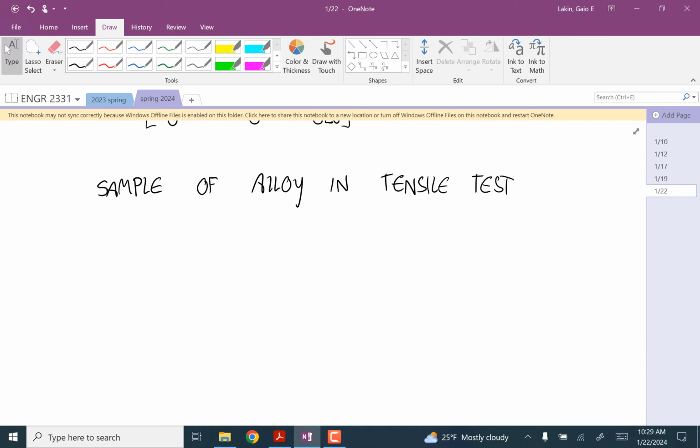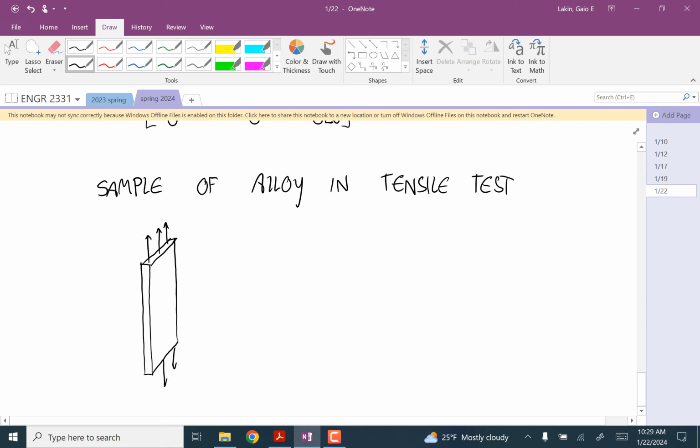And so this tensile test looks like this. We've applied a total force this way and this way of 5,000 newtons.